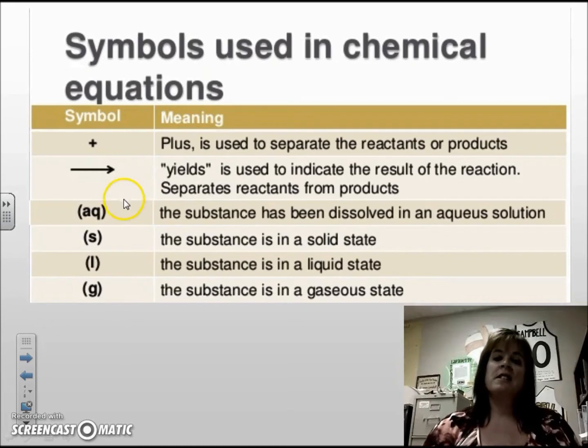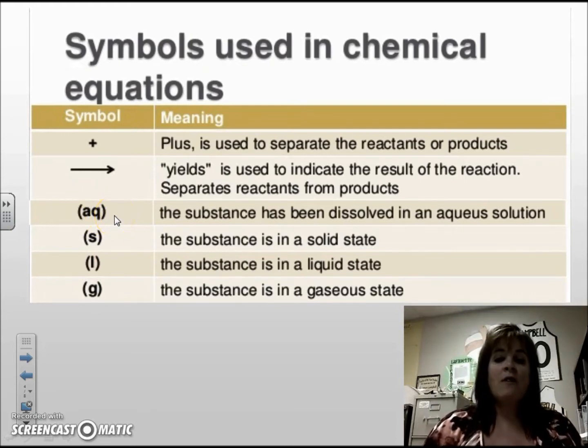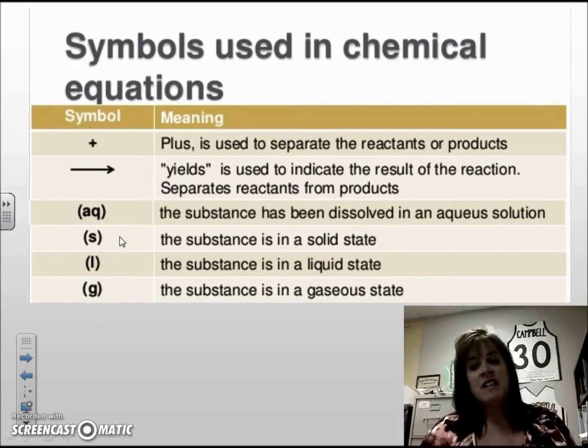Other things that you're going to see in chemical reactions are these little symbols. And what these symbols tell you is the state of the substance in the chemical reaction. If you see aq, what it means is the substance has been dissolved in water. If you see s, it means our substance is a solid, kind of like the magnesium ribbon I just burned.